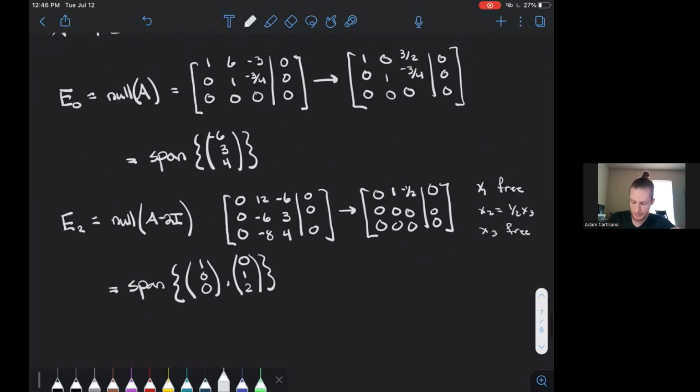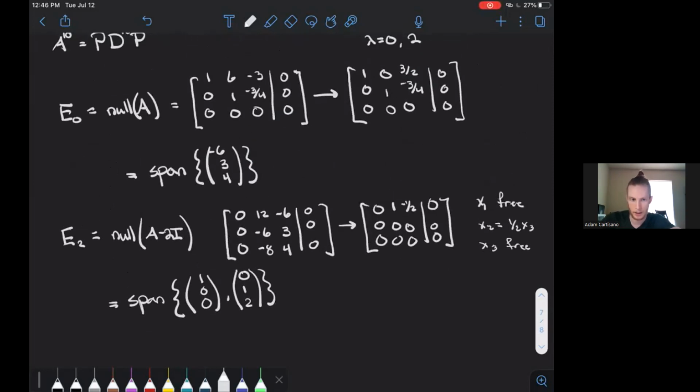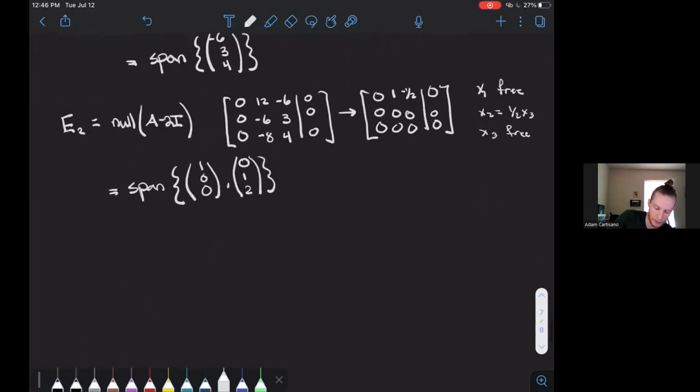You can check those by multiplying back into the original matrix A. I promise it'll work.